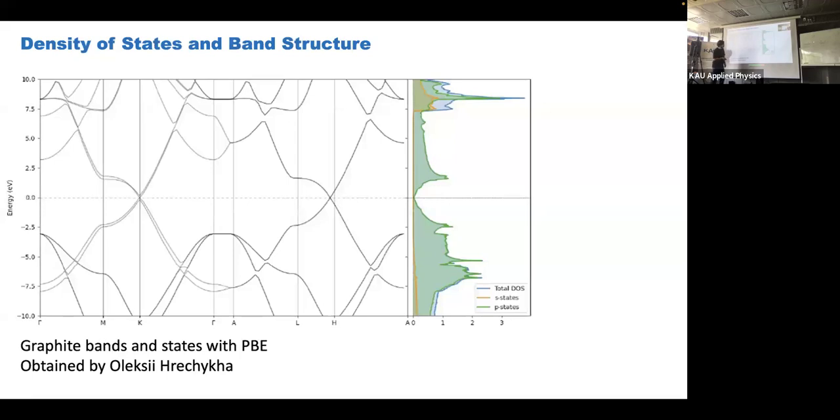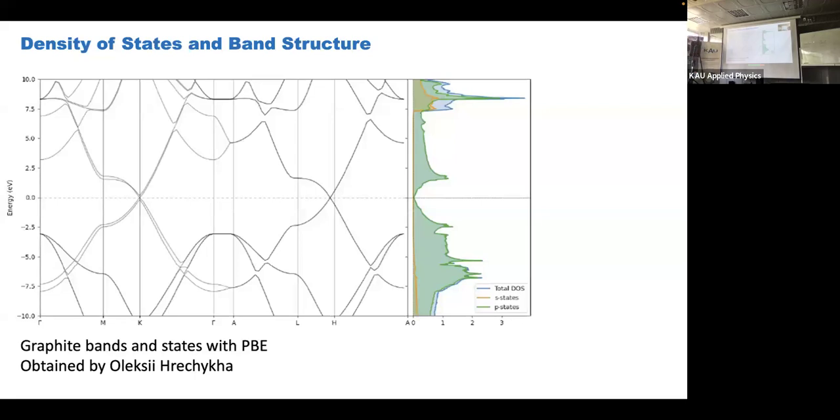And also VASP made different states, so it showed different states, like total DOS, blue and green p states of carbon. Yeah, of course, the outer shell of carbon is 2s and 2p.